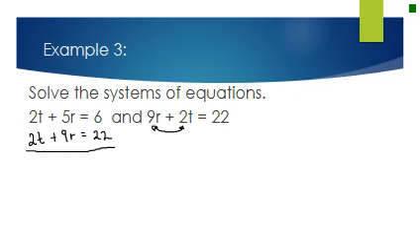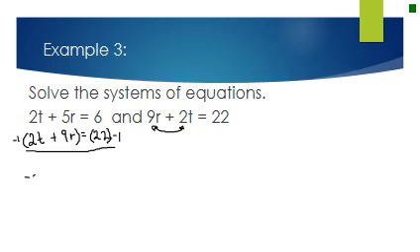All right, so now, looking at this, do I have any opposites? No. Okay, 2t and 2t, they are not opposites. But if I took this bottom equation and multiplied the entire thing by -1, do this side, and don't forget about this side. What you do to one side, you have to do to the other. Multiply it by -1.